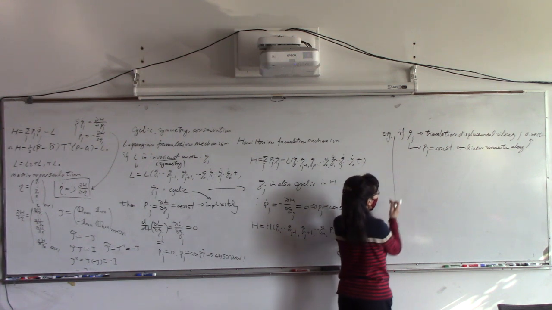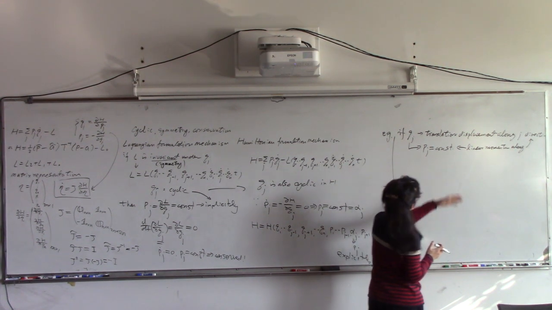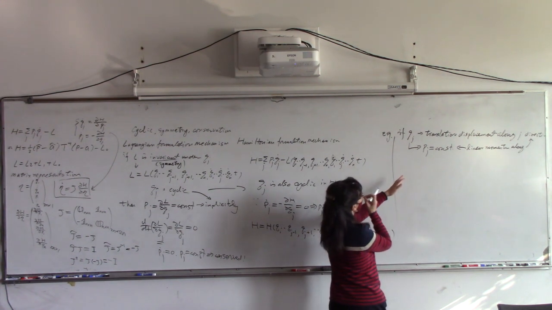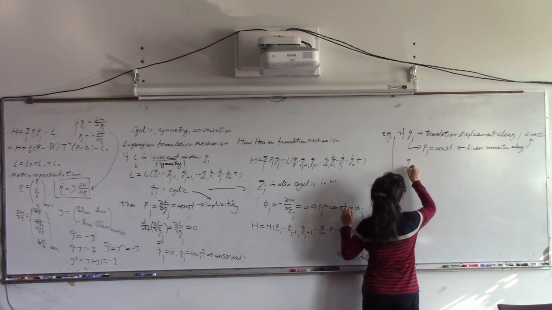Or the system has a symmetry under this displacement along a certain direction, then we immediately know there's a conservation. So that is the general conservation.